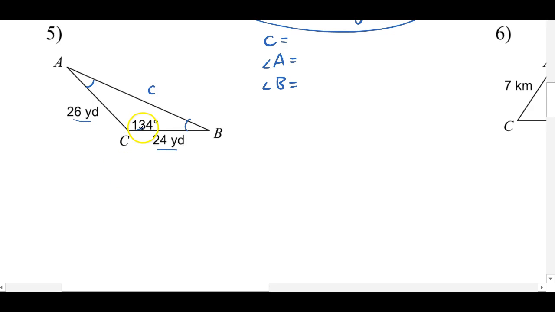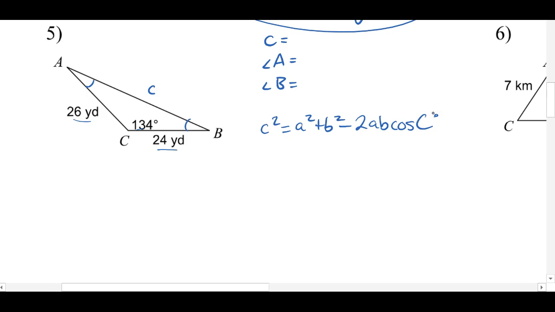So if I have the angle C, I'll set everything equal to little c, or side c. Because remember, it's c squared equals a squared plus b squared minus 2ab times the cosine of that same opposite angle. So if you set it equal to little c, you're going to do the cosine of big C.